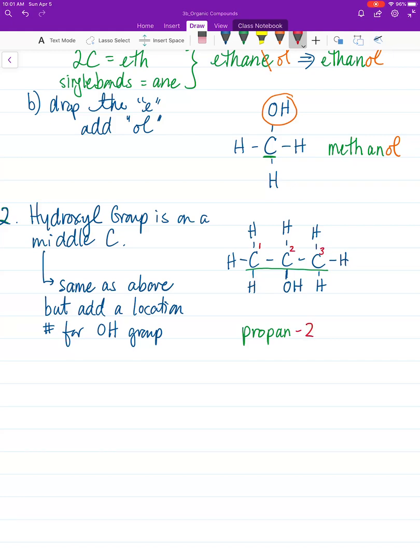So now on my second carbon, there is a hydroxyl group, -ol. Okay, so propan-2-ol. And that would tell you that you now have a hydroxyl group on the second carbon.